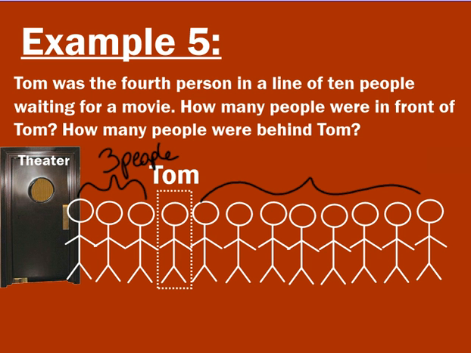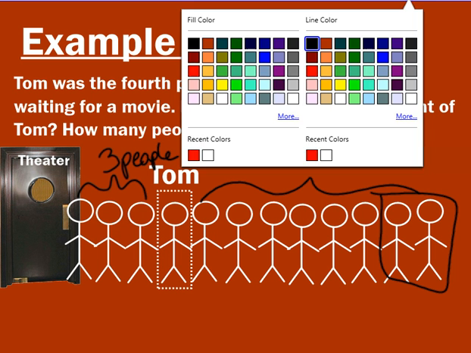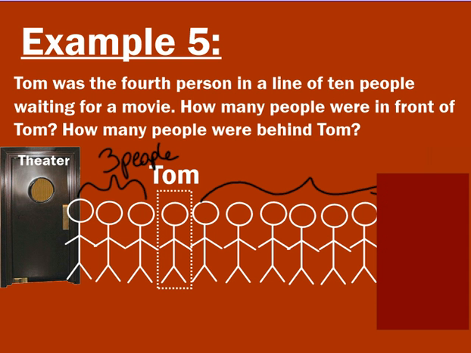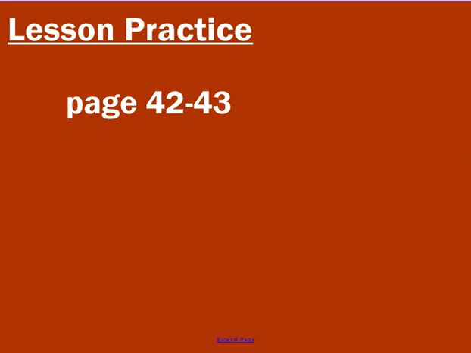So 1, 2, 3, 4, 5, 6, 7, 8, 9, 10. So these guys need to go away, don't they? So there they go. Gone. How many people are behind? 1, 2, 3, 4, 5, 6 people. Don't forget to draw a picture to help you. Your stick man is your friend.